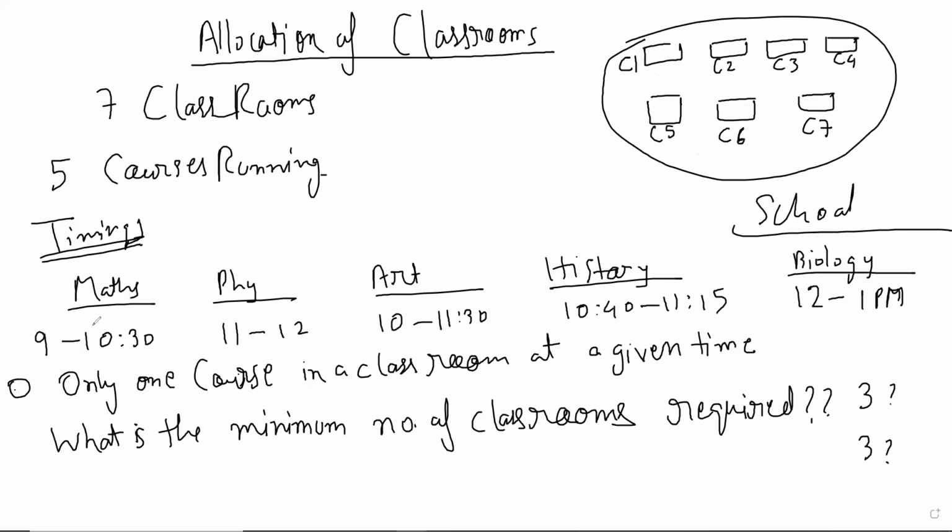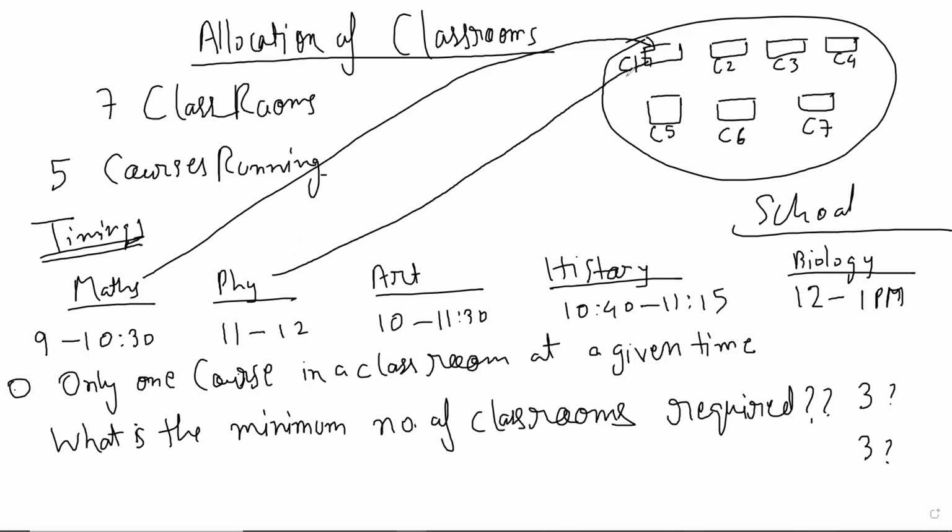Since mathematics is the earliest, we can put mathematics in classroom 1. Is that okay? Then because physics is happening at a time which does not overlap with the timing of mathematics, we can also put it in the same classroom.